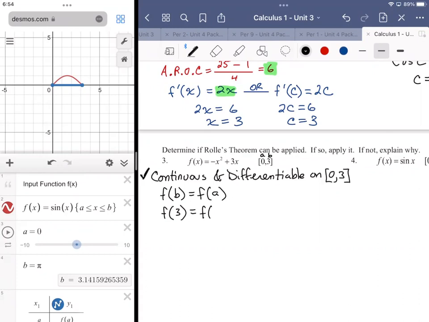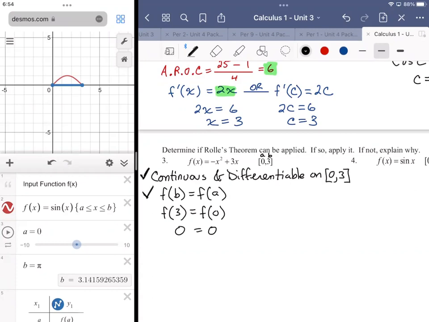So we would do a quick substitution, or if you want to roll the dice, you could just believe that it's true. I don't know why I put an A there and then a 0. But plugging in the 0 is easy enough. Plugging in the 3, I get -9 plus 9, which is equal to 0. That's also true. So this condition is also met.